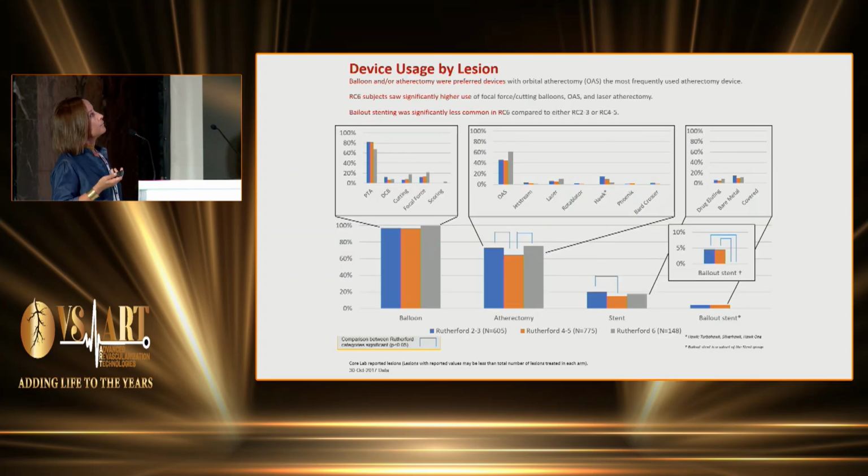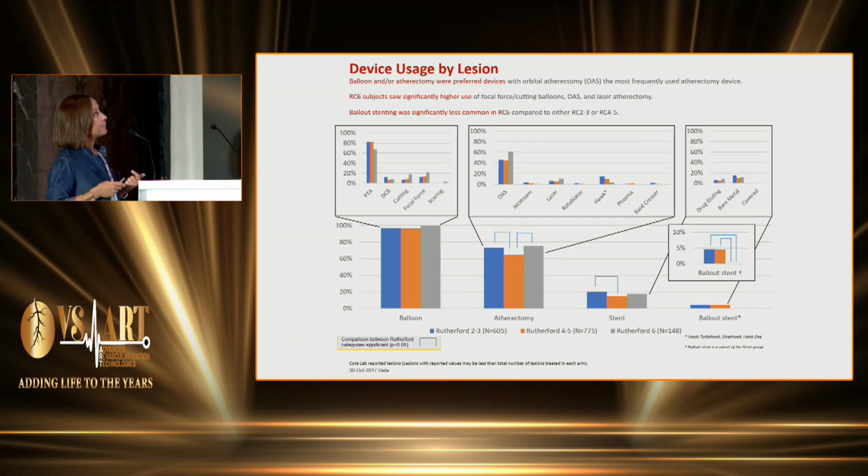The study also focused on seeing what we as physicians use in different lesions. It was seen that balloon and atherectomy were the preferred devices, and in particular the orbital atherectomy device was preferred, most probably because it can work all along the circumference of the vessel.